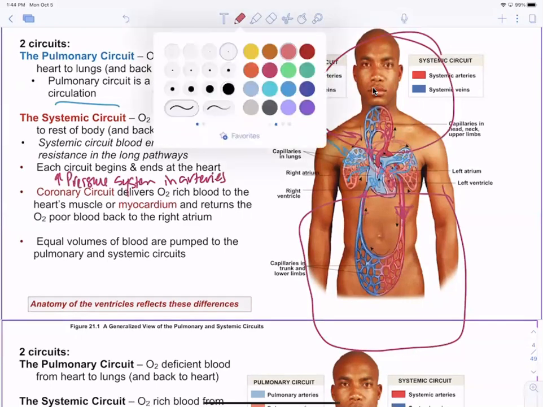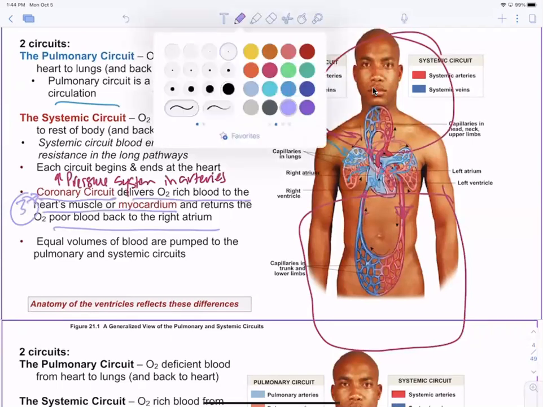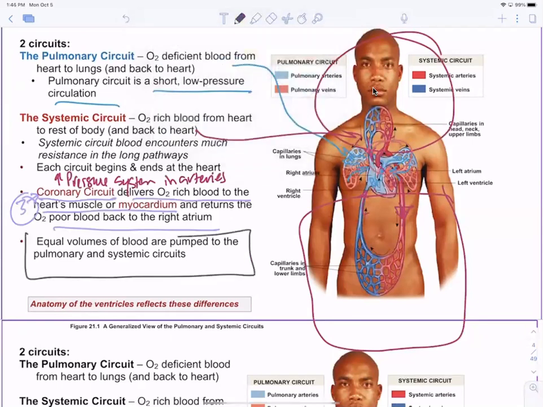The third system is the coronary circuit, and it's delivering O2 rich blood to the myocardium, or heart muscle, and returns it back to the right atrium. Now, important to understand, equal volumes of blood are being pumped at the exact same time.